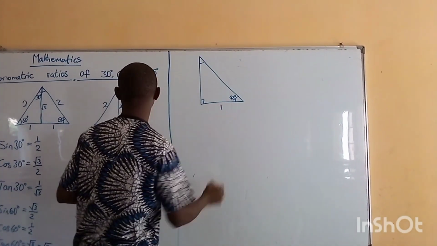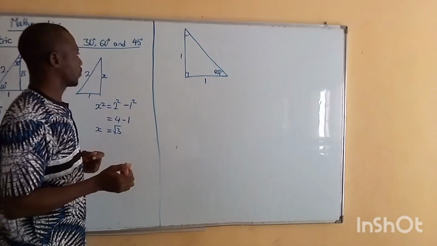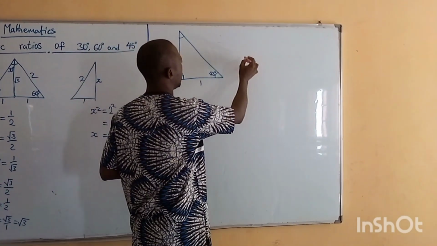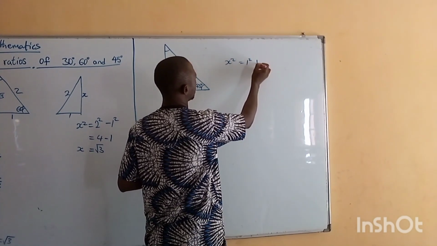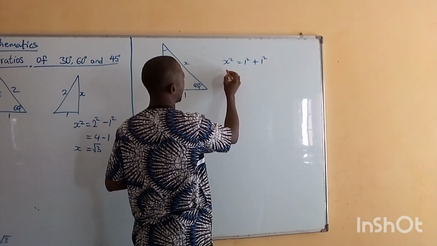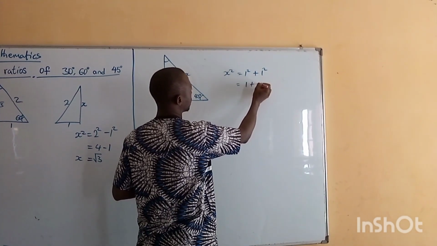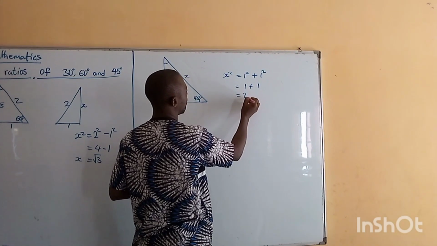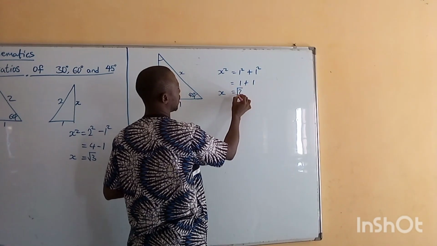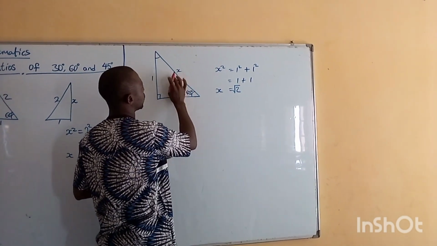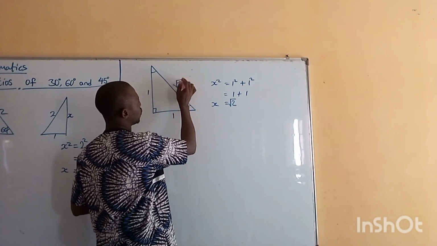So if this place is 1 and this is 1, this place will become x, which is x squared equal to the square of 1 plus the square of 1. This becomes 1 plus 1, which is 2, and x here becomes the square root of 2. So the value of x here is root 2.